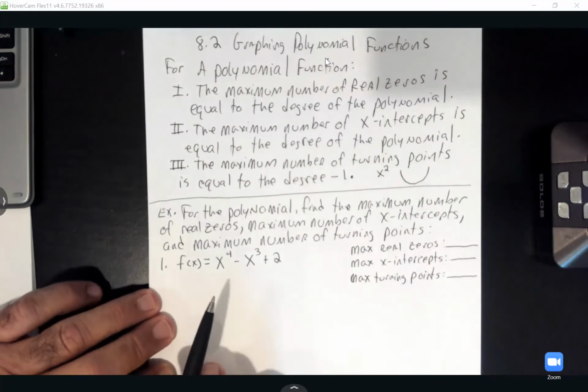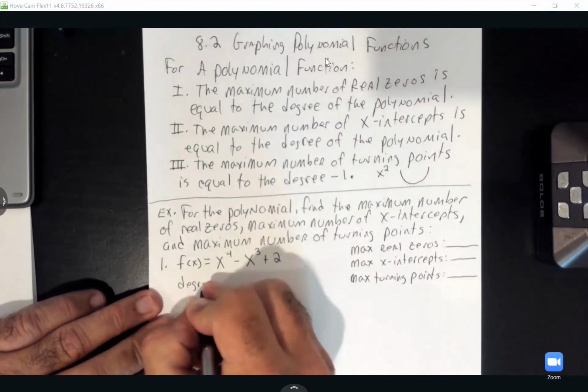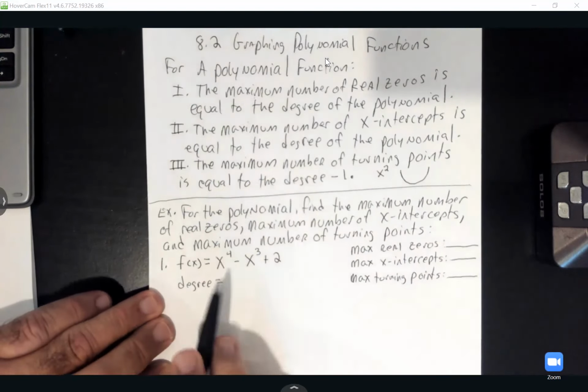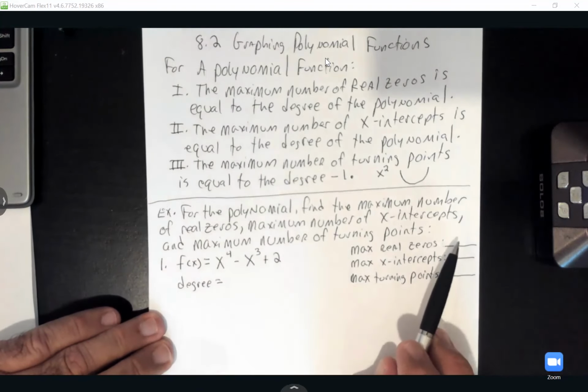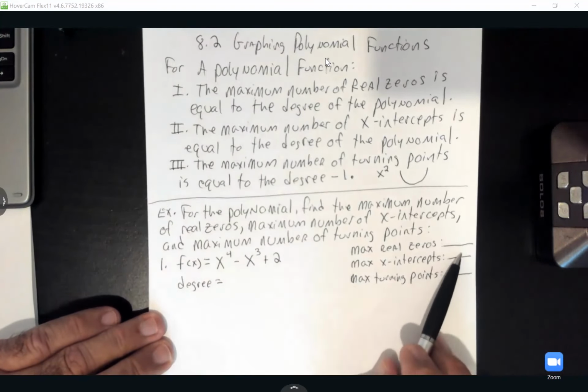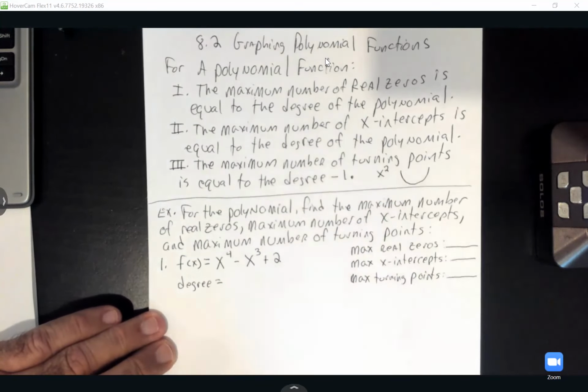The trick of this problem is to figure out the degree of this polynomial. Once we know the degree, we have A and B for our answers. And then on C, we subtract 1 and get the maximum turning points.